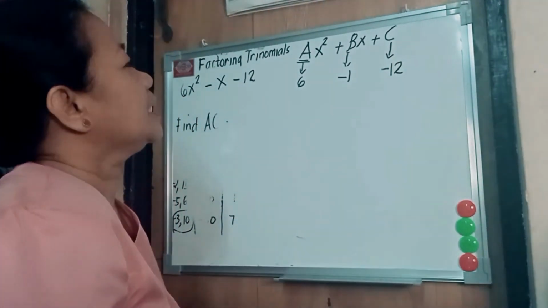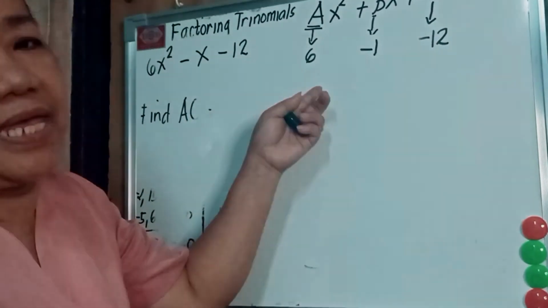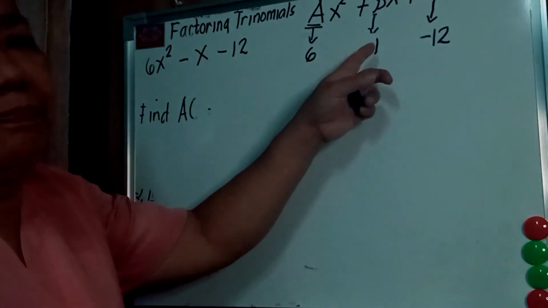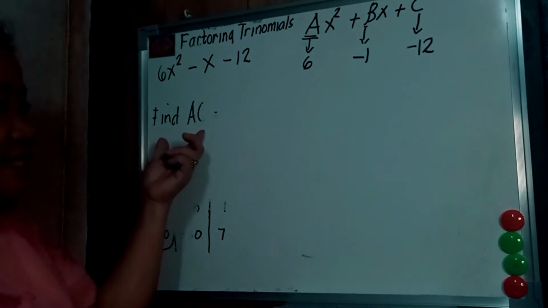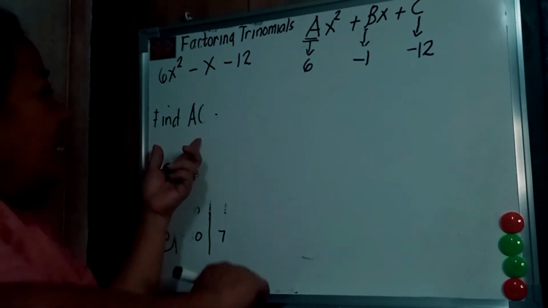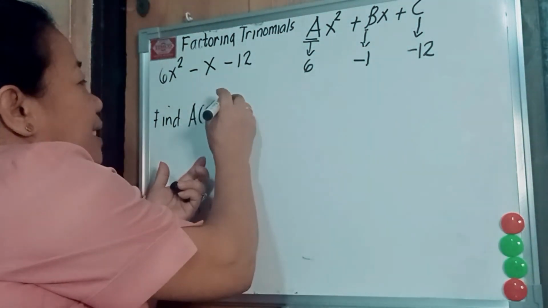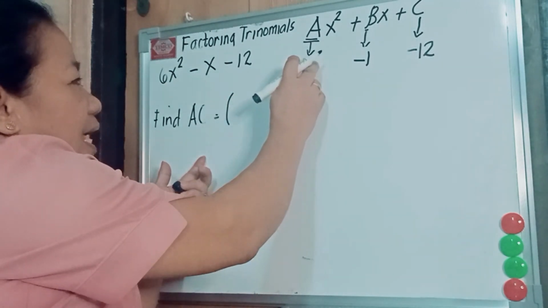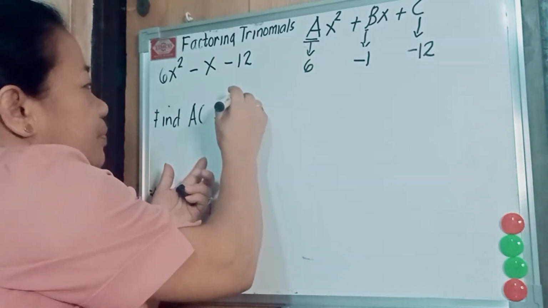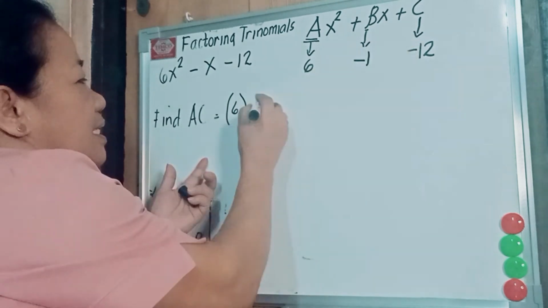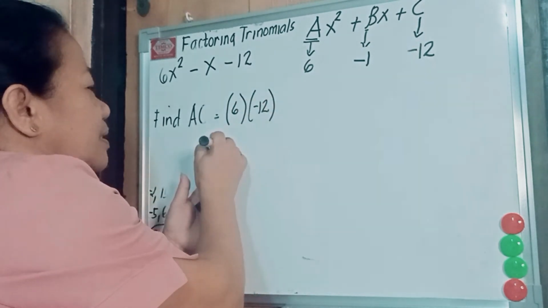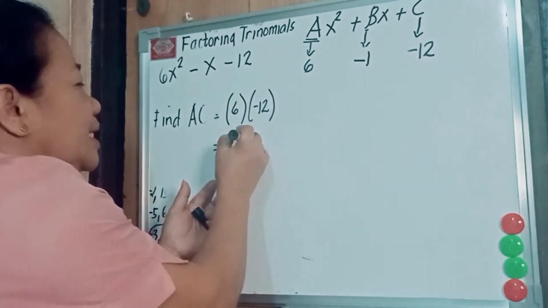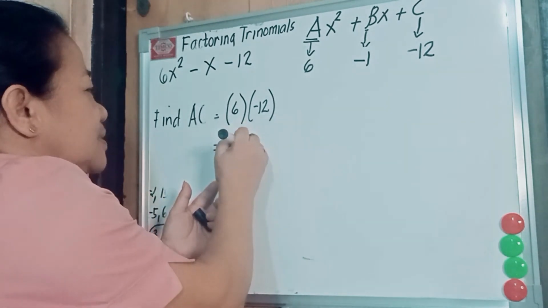After identifying the values of A, B, and C, let us find your AC. Your A is 6 times your C, negative 12. So, the product is equal to negative 72.